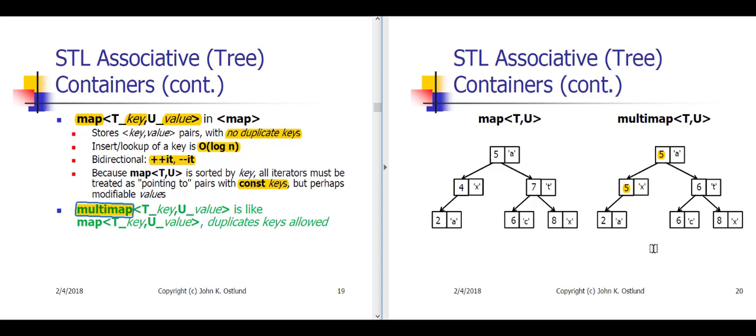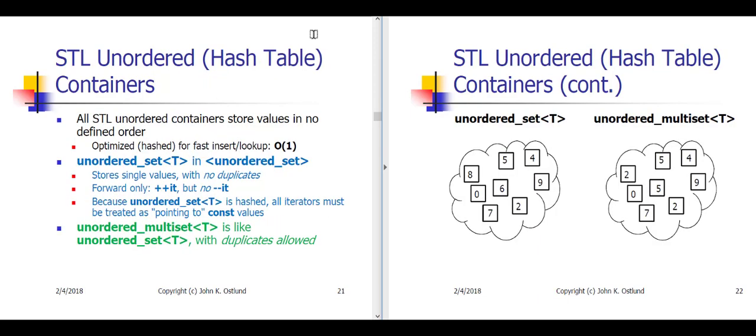Well, imagine that the key is like a customer ID number, and the value associated with that key is a particular buy or sell order submitted by that customer. In this multi-map, we're maintaining all of the information in customer order, but we have different buy and sell orders for each customer.